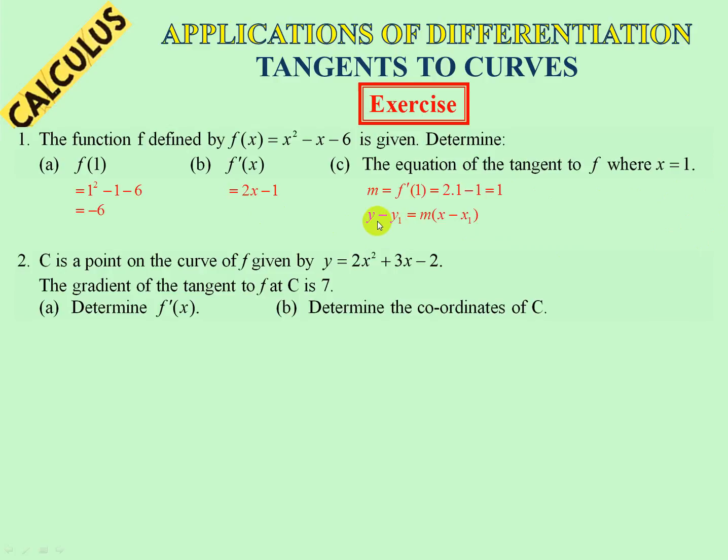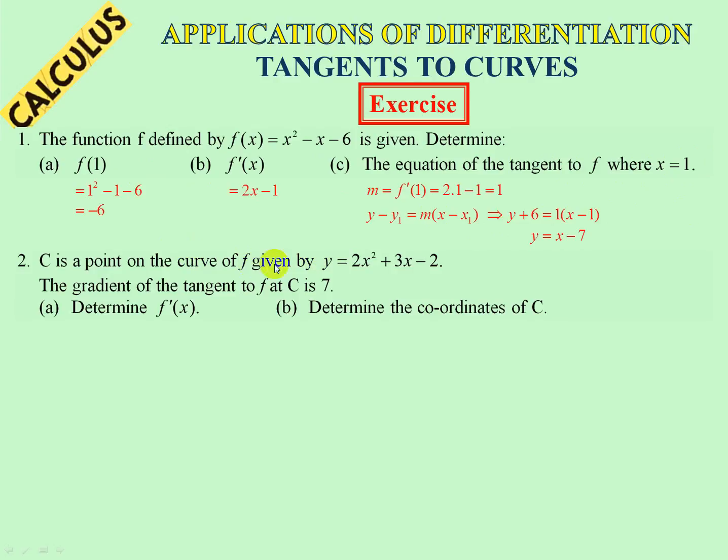So there we are. y minus y1 equals m times x minus x1. So y minus y1, y plus 6. m is 1. x minus x1, x minus 1. And that simplifies to y equals x minus 7.